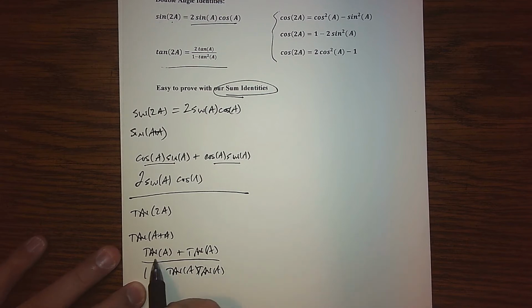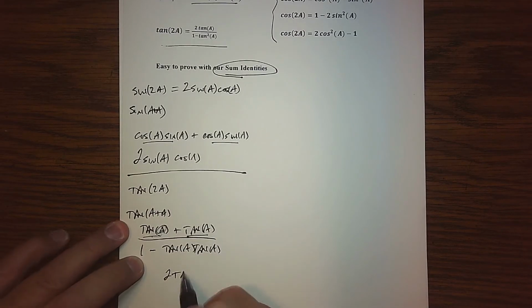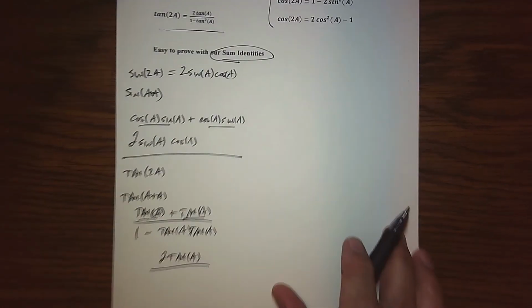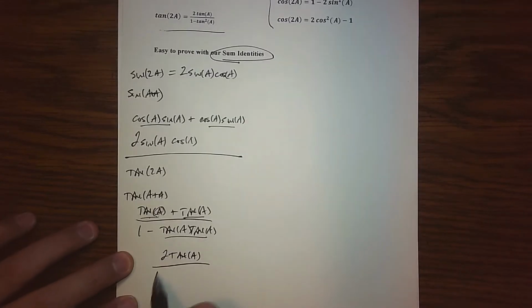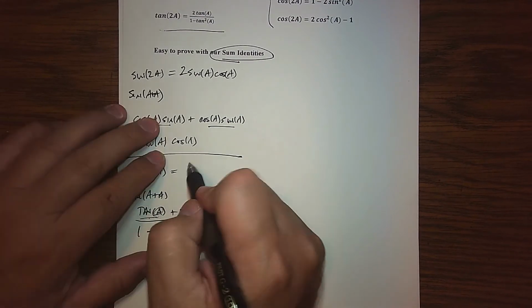And of course up here, tangent plus tangent of the same argument, we have 2 tangent of a, and then down below, what we have is tangent squared. So 1 minus the tangent squared of a. So that one, again, pretty easy to prove.